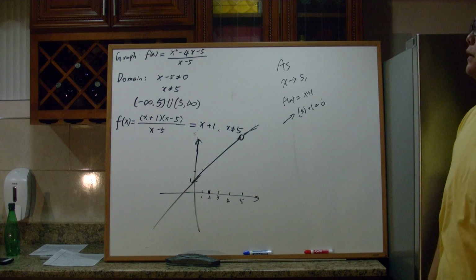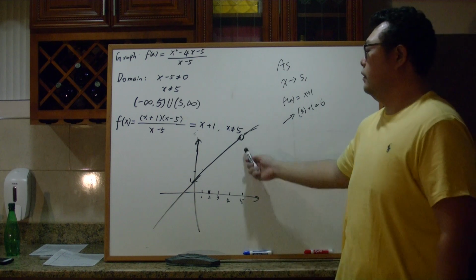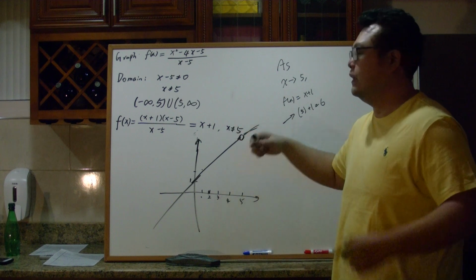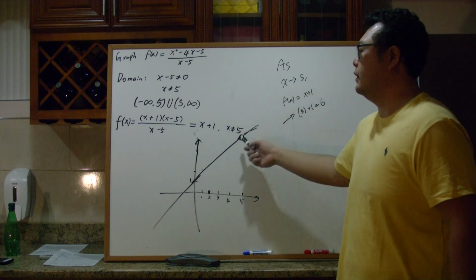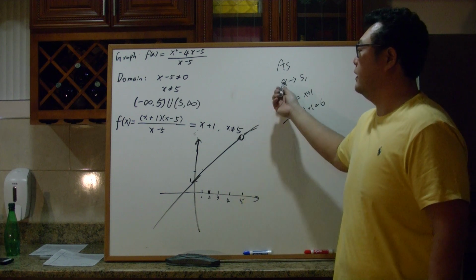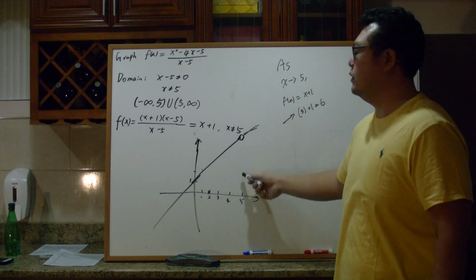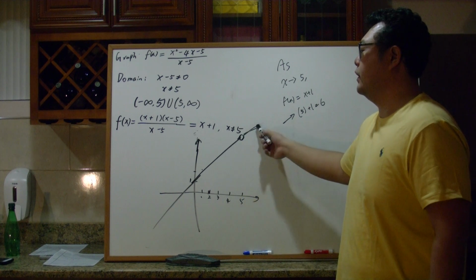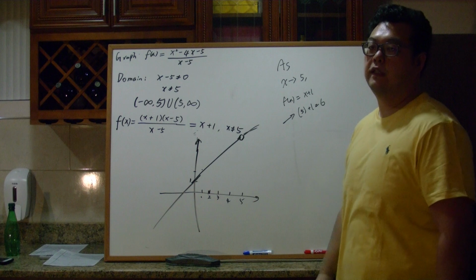Even if it is undefined, it doesn't matter: along the path of the function, as the x value arbitrarily approaches 5, our y value approaches 6.